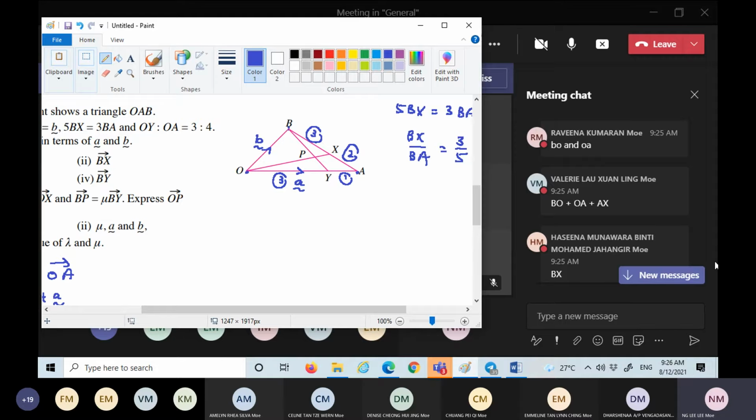So before that, BX as what? You say BO, OA, AX, but AX I also don't have information on. Hasina says BX.